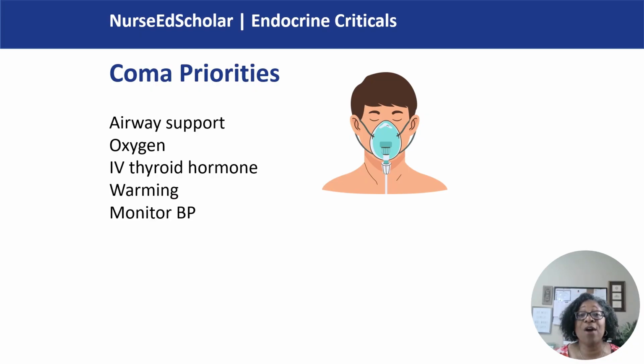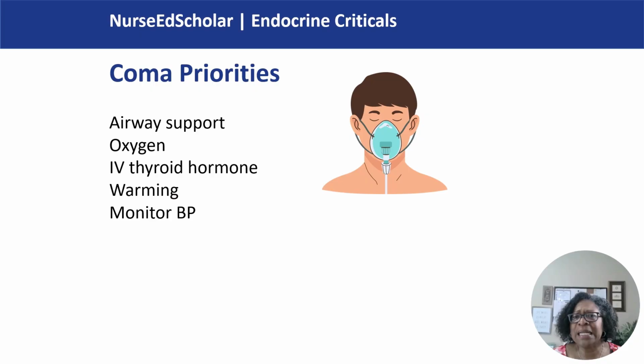You'll see orders for IV thyroid hormone, like levothyroxine, because they don't have enough thyroid hormone, so you need to replace the hormone that's missing. You're going to see warming of the patient because the patient is cooling down. You're going to monitor blood pressure because they're going to have hypotension. Remember, you must support the patient and speed things up safely.